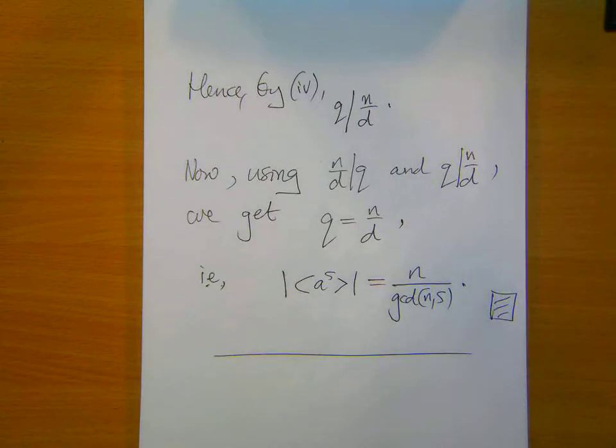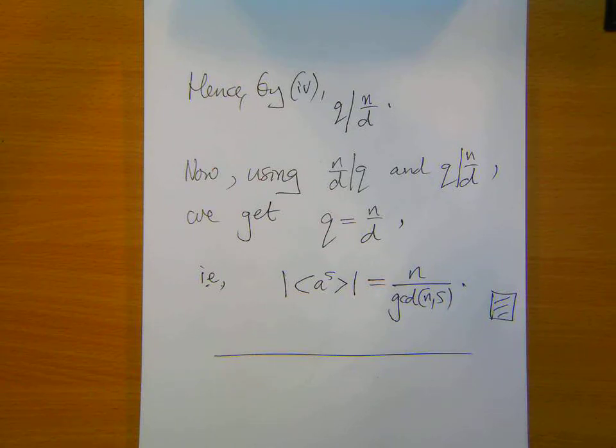So we've proved our result. It was pure basic number theory, and the only group theory ingredient was the definition of order. Cyclic groups is one area of group theory where number theory comes in.